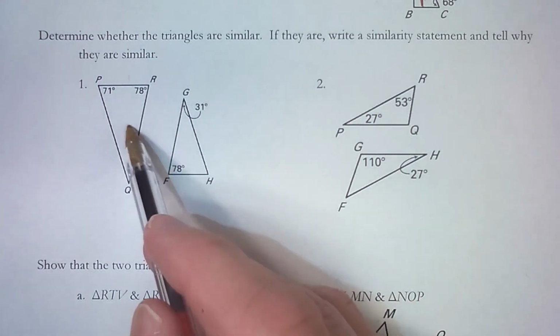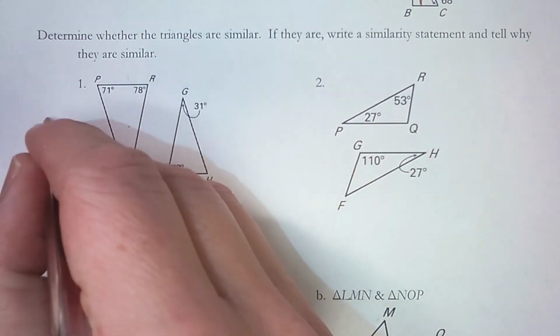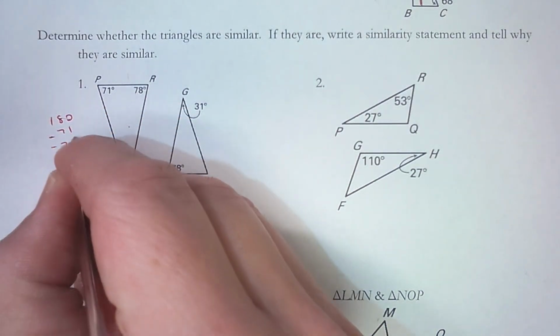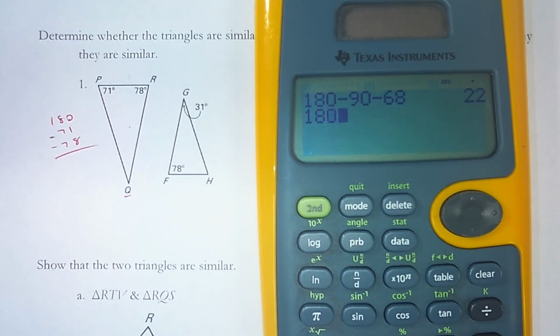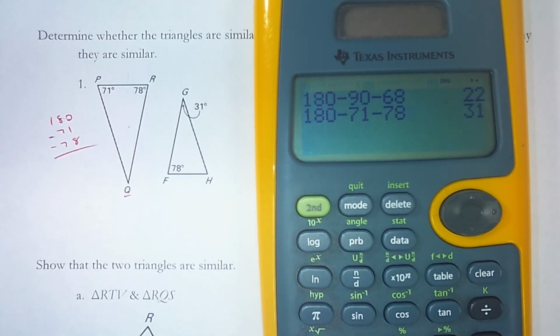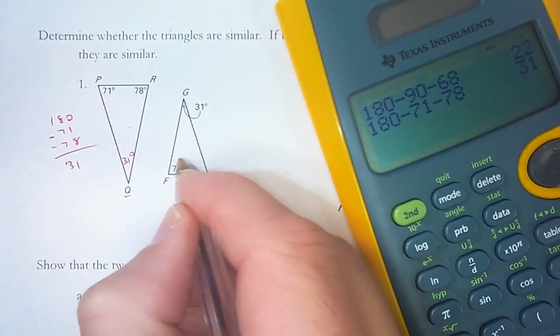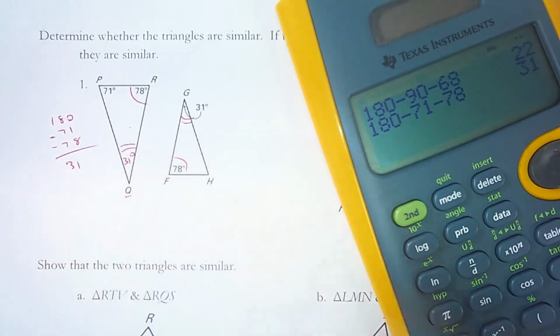Okay. How about these triangles? Are they similar? So let's find the measure of angle Q. 180 minus 71 and 78. And that is 31 degrees. So I have a 78 here and here, a 31 here and here.